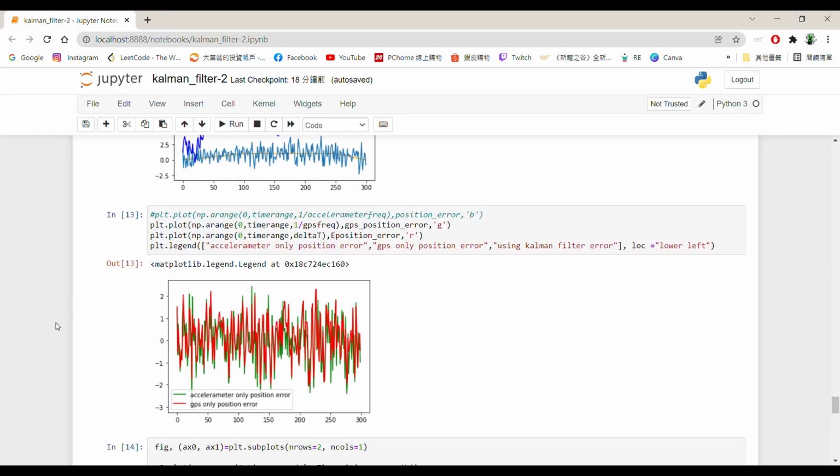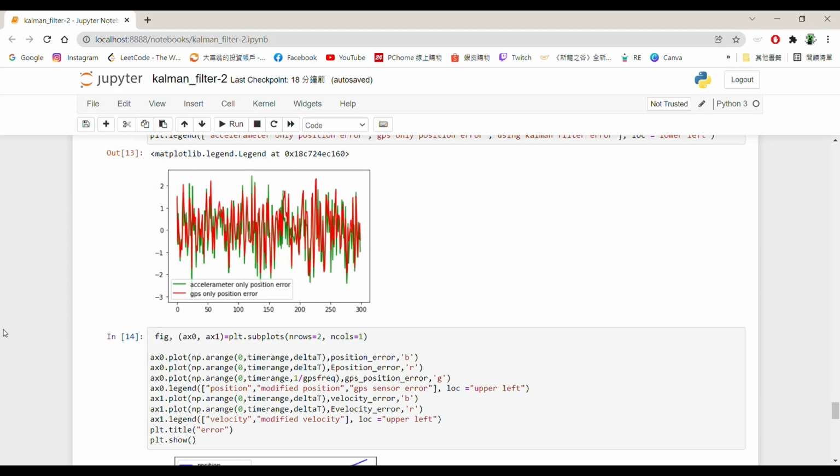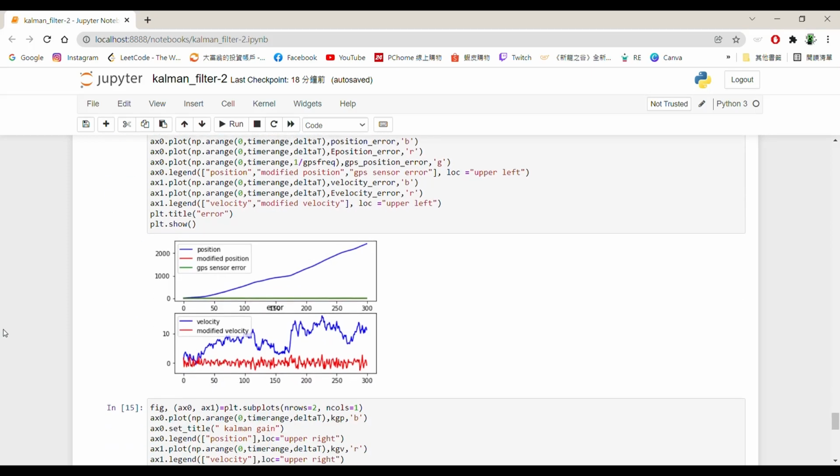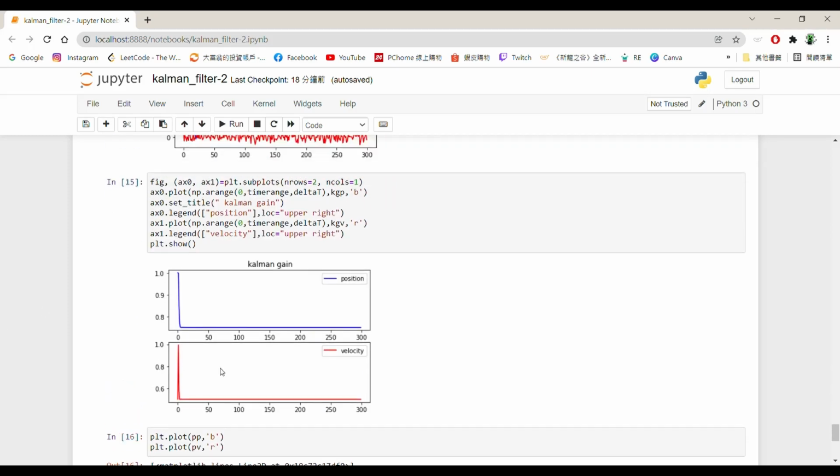Moreover, the regression lines of the modified position and velocity converge and are close to the real condition. And the Kalman gain here is close to 0 as time goes on.